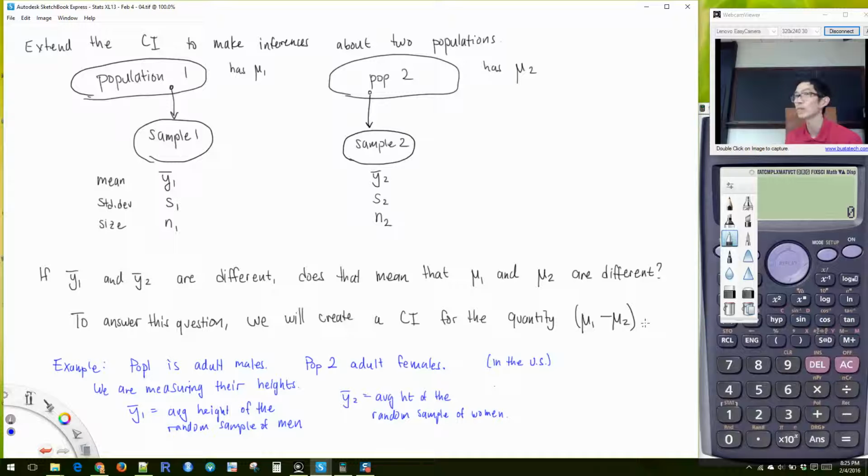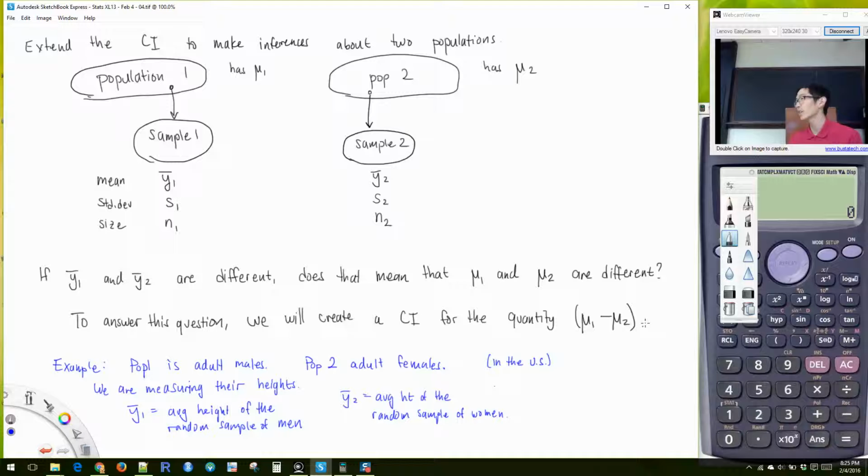So like 3 inches? Okay, yeah, so I would say anywhere from 3 to 7 inches, 3 to 9 inches, okay? We're basically asking the question, what is the height difference between the average male and the average female in the United States? Okay, what's the height difference between the average male and the average female?